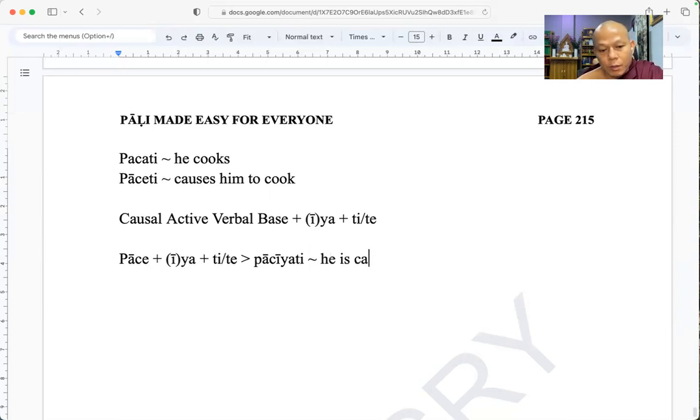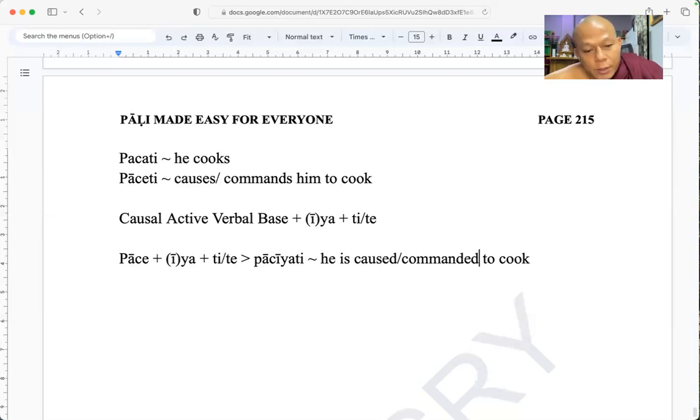So he is caused to cook. He is caused to cook, or he is ordered to cook in this way. It means he is commanded or ordered to cook.